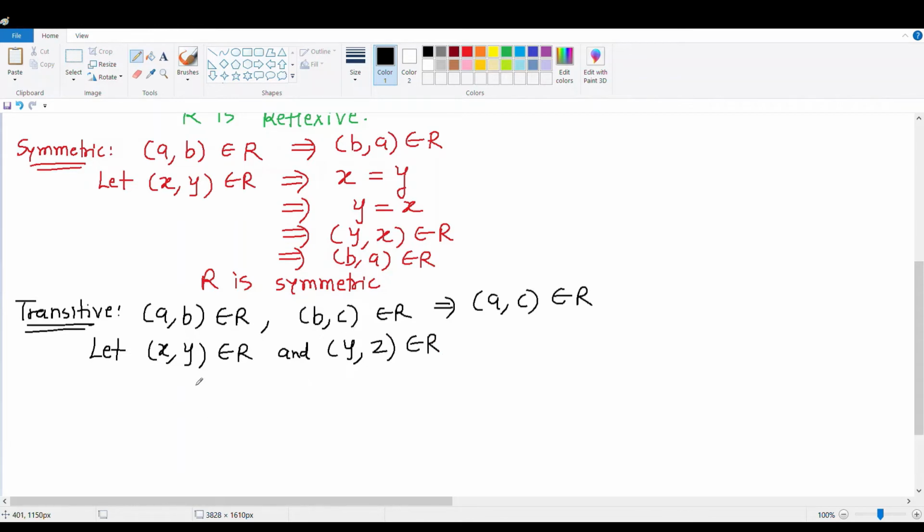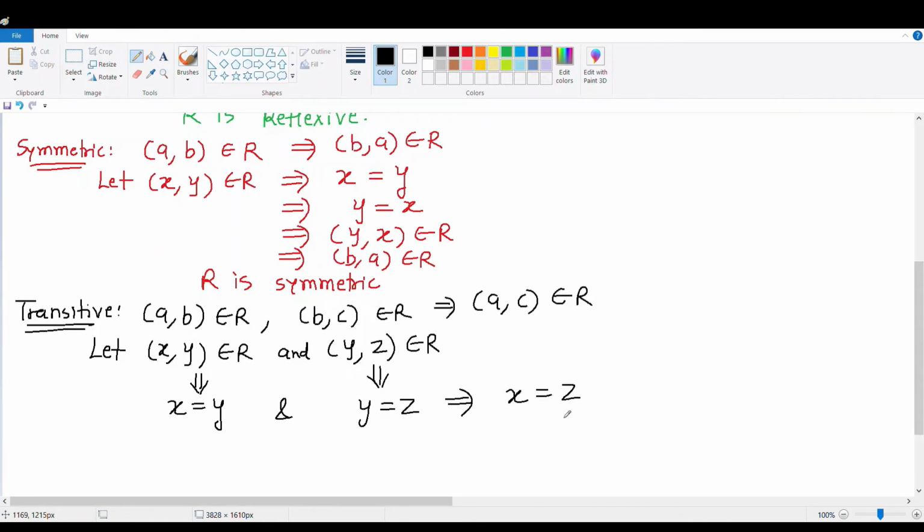Now if (x, y) belongs to R, that means from the condition a equals b, x must be equal to y, right? And if (y, z) belongs to R, that means y is equal to z. So if x is equal to y and y is equal to z, we can say x is equal to z, right?